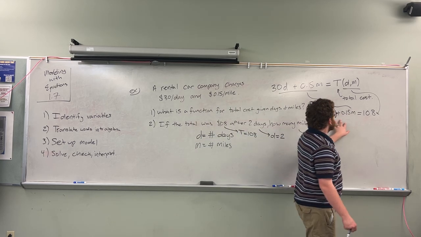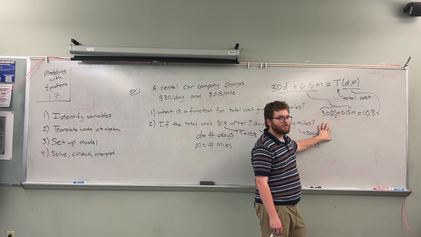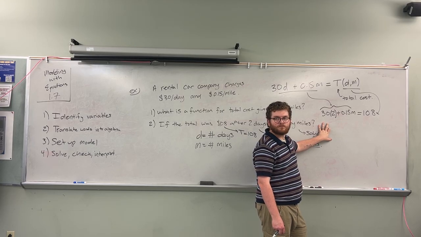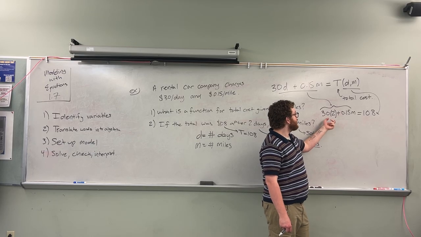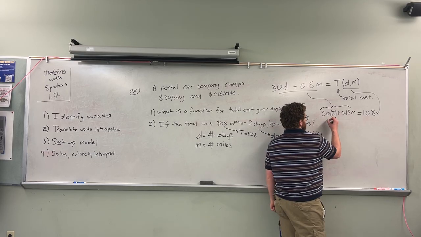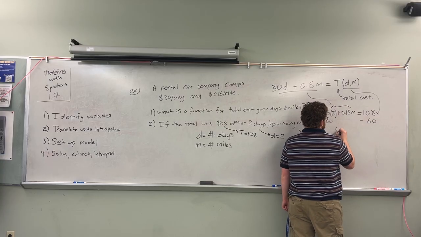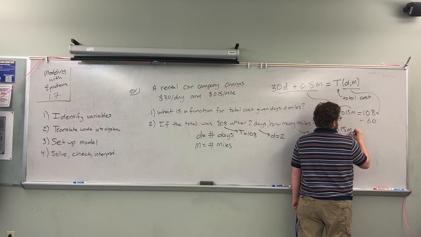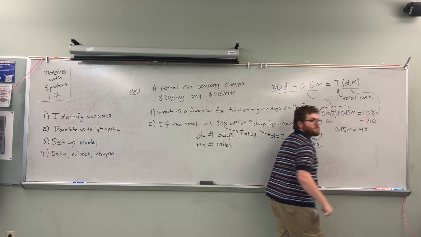All right. I want to solve for m. How would I solve for m here? So this is 60, and I want to move it over. So I get 0.15 m equals 108 minus 60, which is 48.